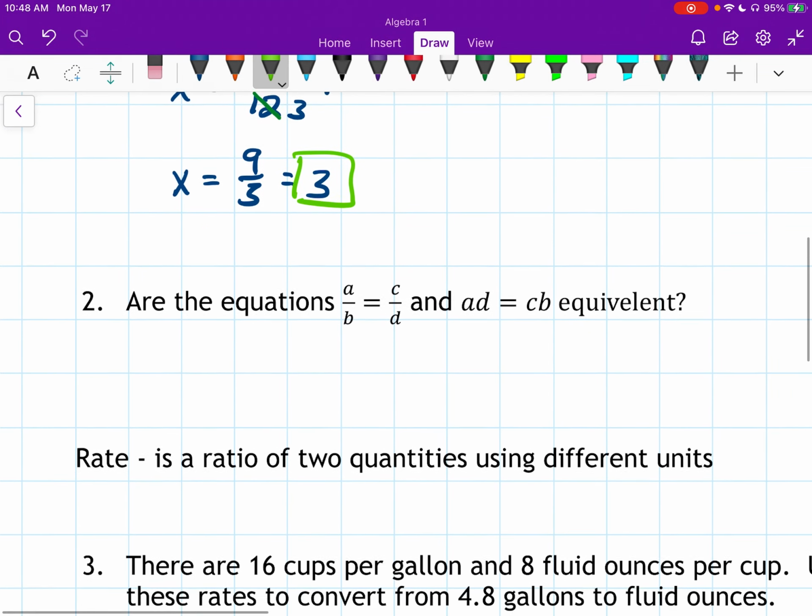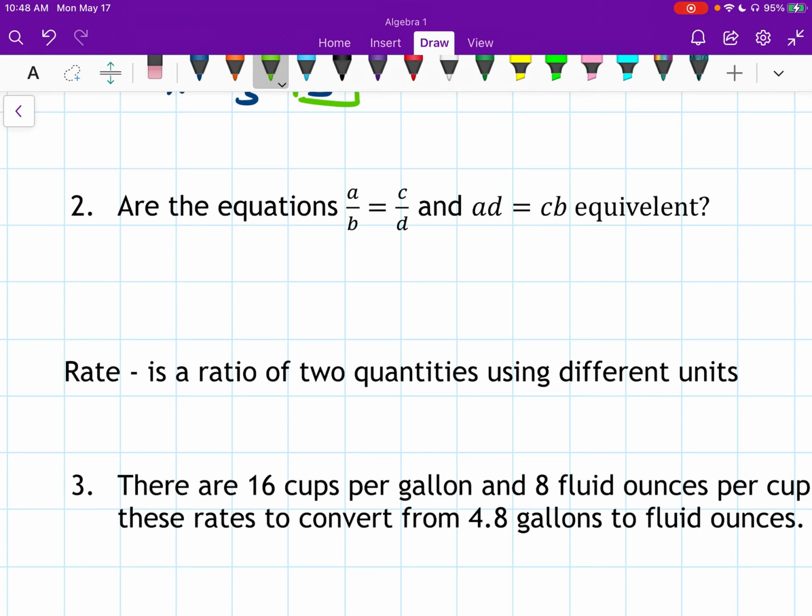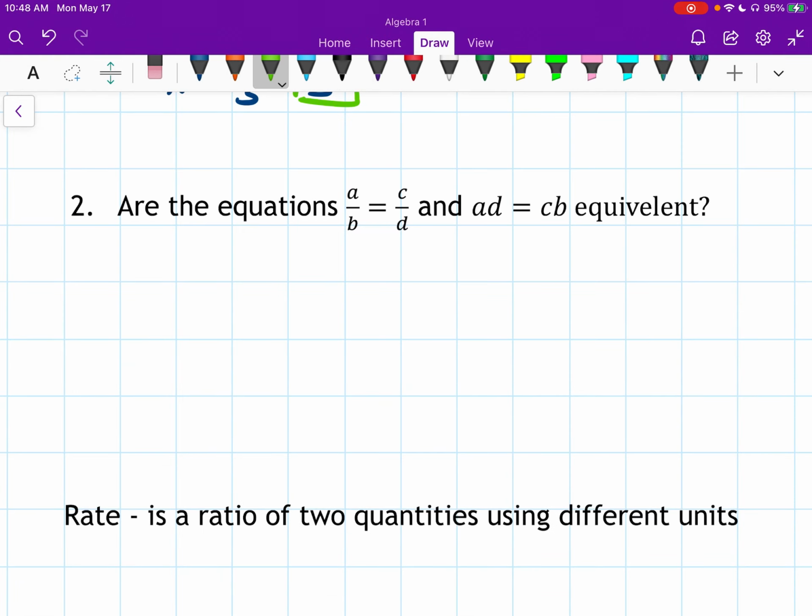Number 2, are the equations equal or equivalent? I have A over B equals C over D, and AD equals CB. What I'm going to do is take the first one and see if I can turn it into the second one.